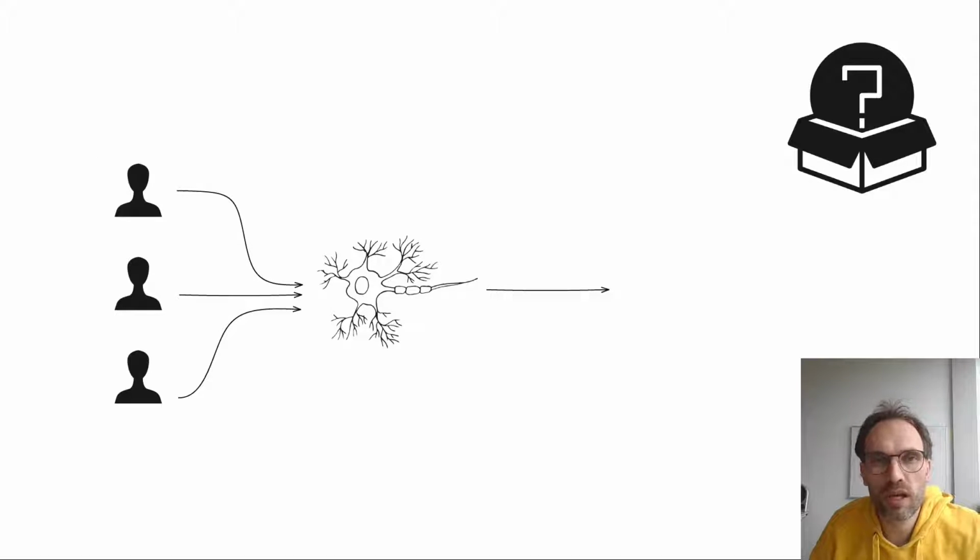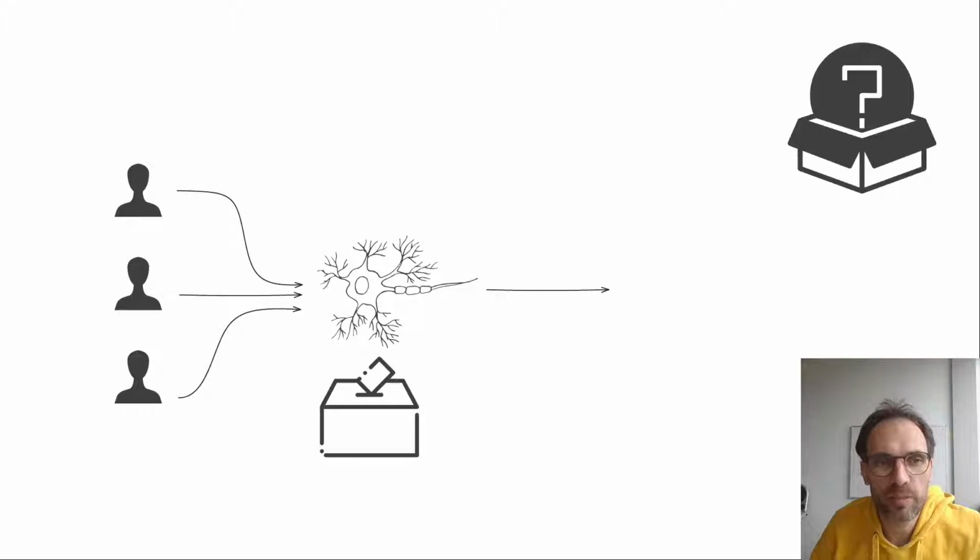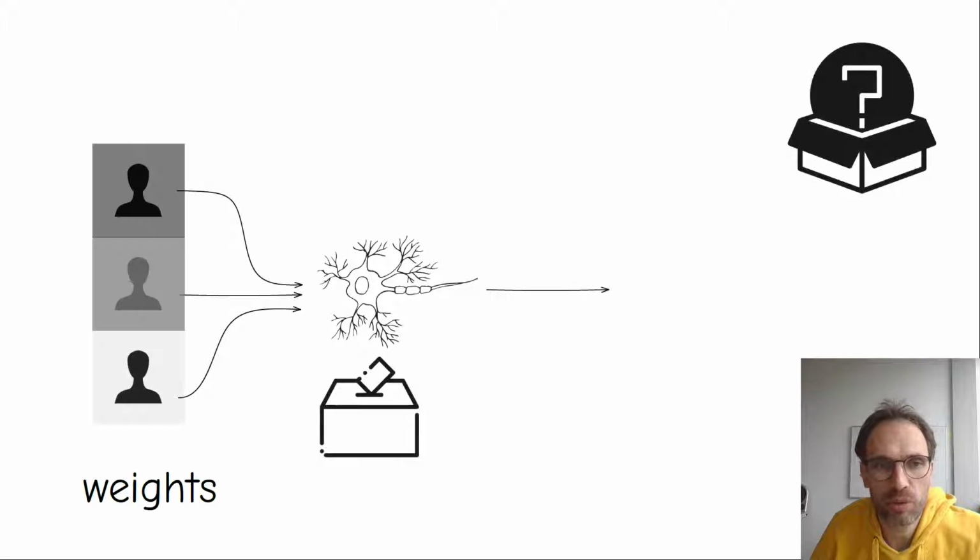Let's see what one neuron is doing. Basically it is like a vote. It gets some input from some people, that could be either input or some other neurons, and it makes a vote. Like in an election, everyone gives a vote, and you say 0 or 1, and then I say whether I agree or not, depending on that vote.